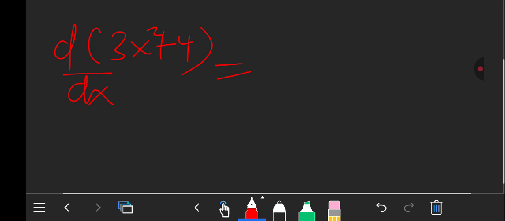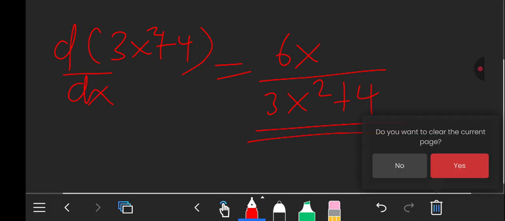You first differentiate 3x squared, that is just 6x, isn't it? Then the derivative of the constant 4 is 0, so it is just 6x. Then you write the same function, 3x squared plus 4, as the denominator. So this is how to differentiate.